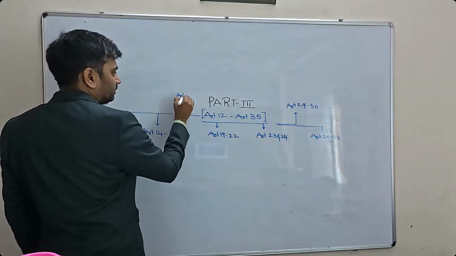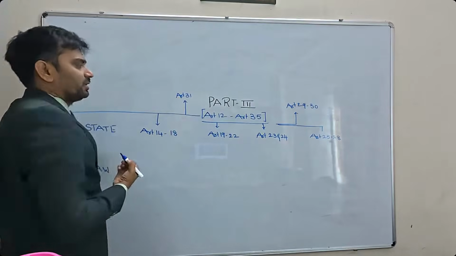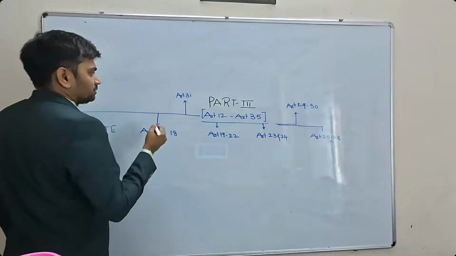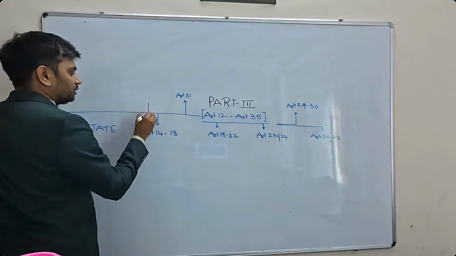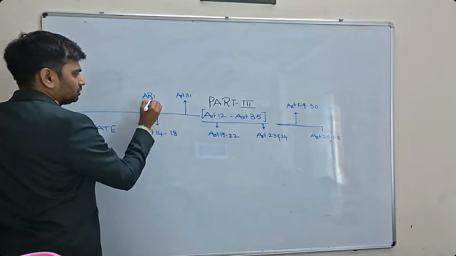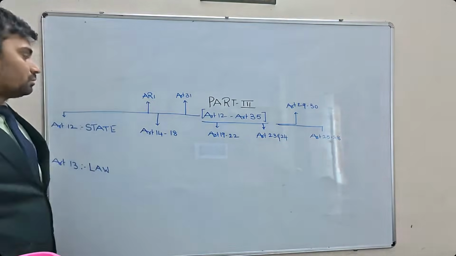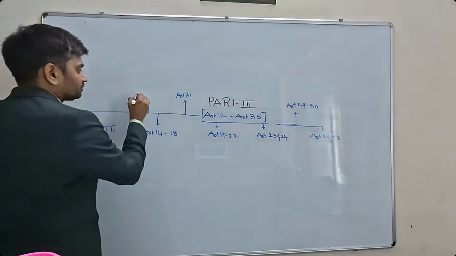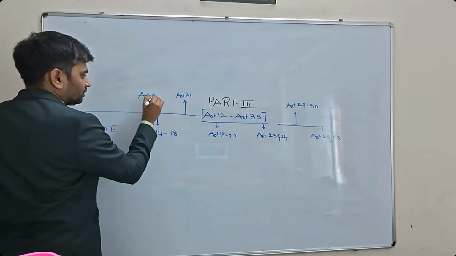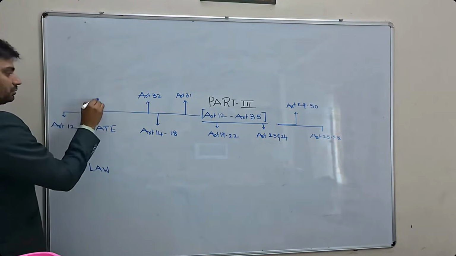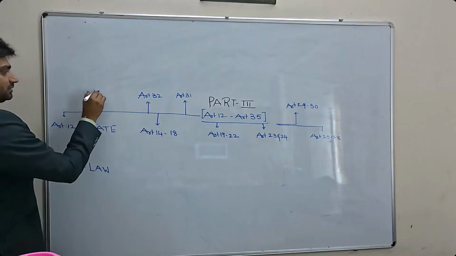Article 31 saves certain laws regarding certain actions. Then Article 32, which is also a fundamental right. And then Article 33, 34, 35. So the first division is like this.